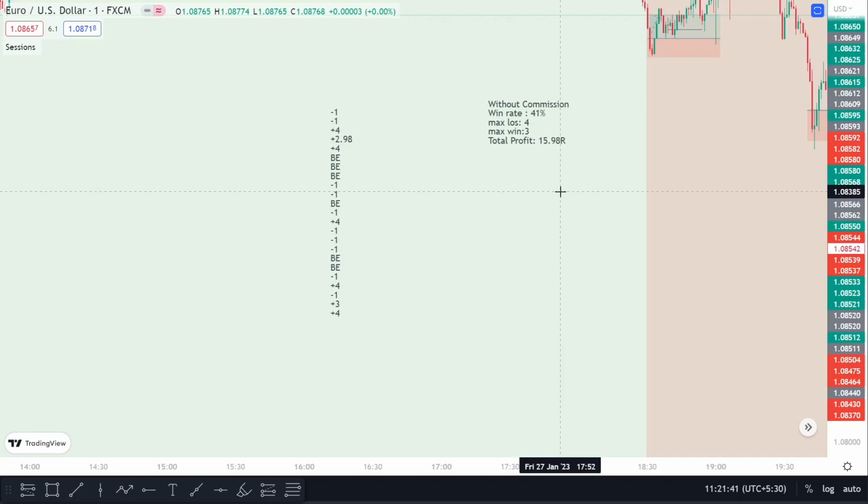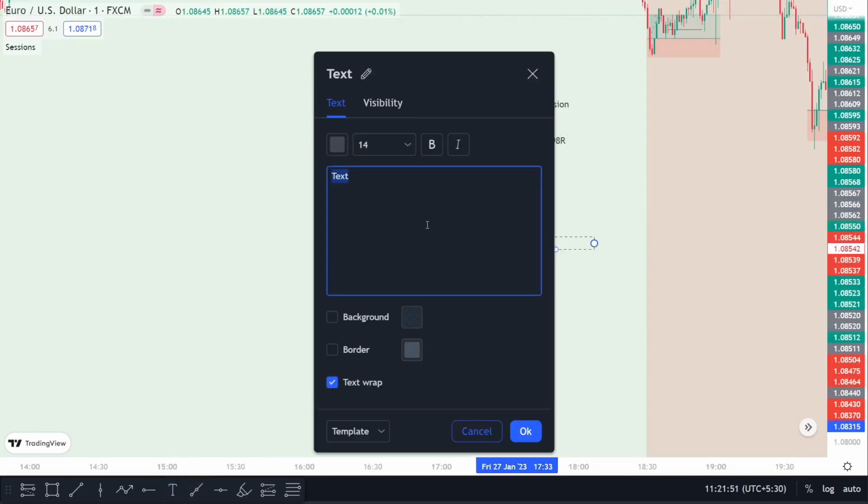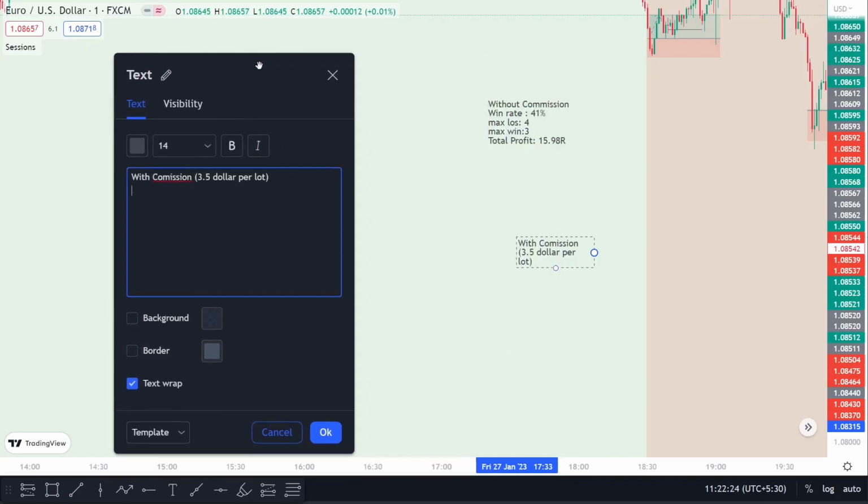For every trade, let's assume the commission is $3.5 per lot. So for a round trip it will be $7, right? So for every trade we will be losing something like 0.28%.